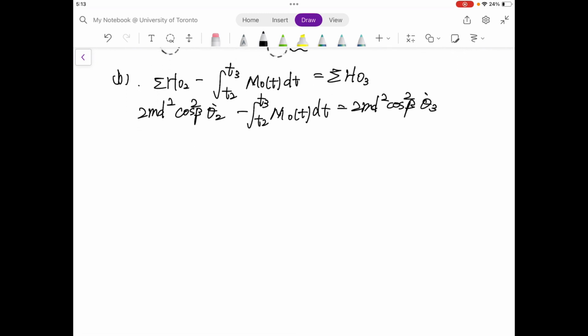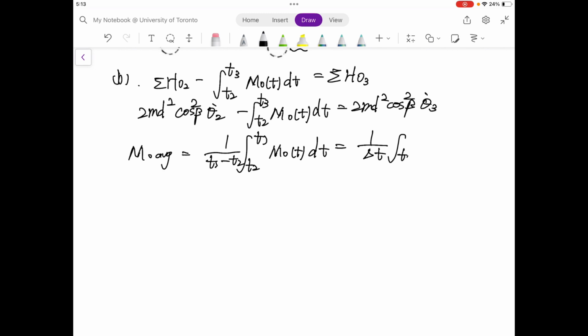We have the definition of the average moment, which is moment O average is equal to 1 over T3 minus T2 times the integral from T2 to T3 of M_O(t) dt, which is equal to 1 over delta T times the integral from T2 to T3 of M_O(t) dt.